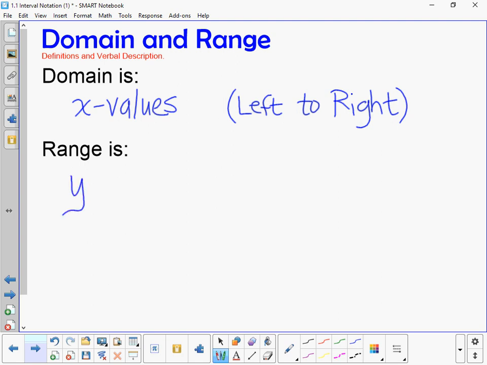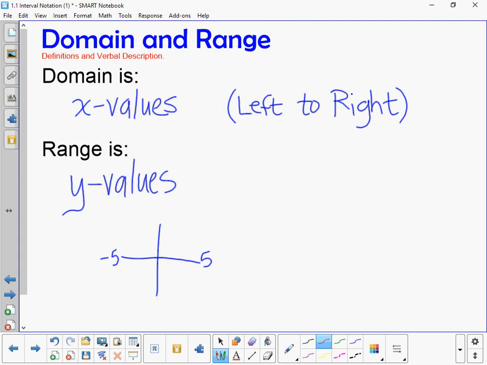Range then is our other dimension, our other direction. It's the y values. And when you're thinking about the range, just like with the domain, you want to think about it from those negative values or smaller values up to the larger values. So if you think about a coordinate plane, we've got the negative numbers over here in the x direction and the positives here.